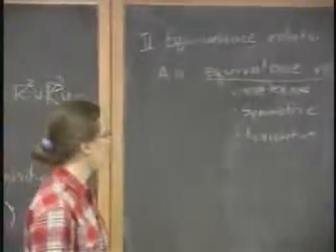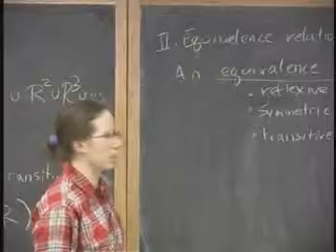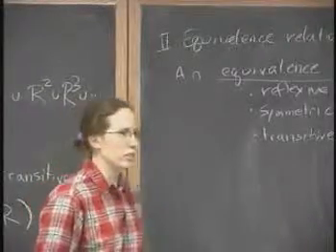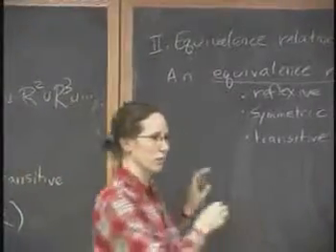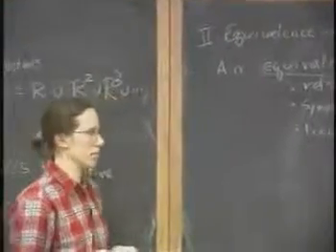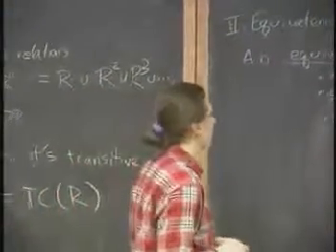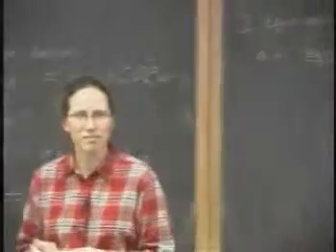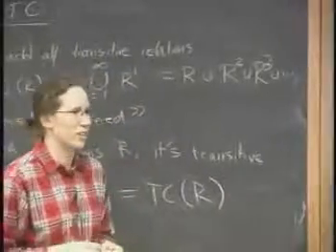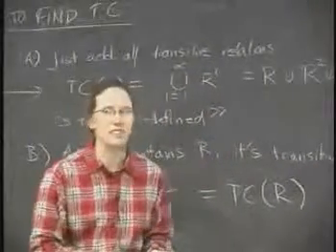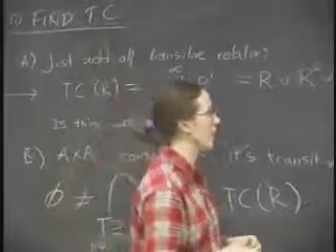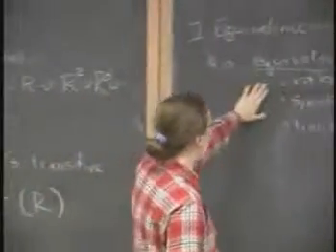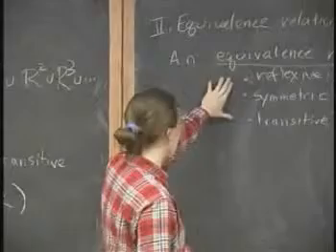So the idea is, it depends how we define transitive. If we define transitive as I originally defined it, then maybe symmetric and transitive are complete, but we throw reflexive in there just to make ourselves happy. Actually, maybe it's not even redundant. Well, anyway.